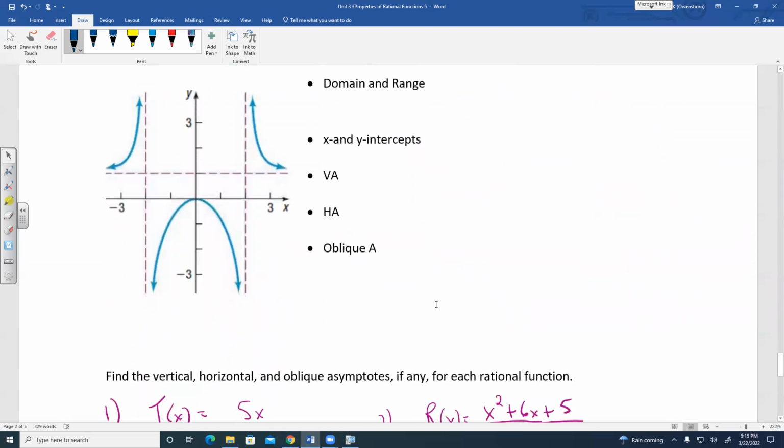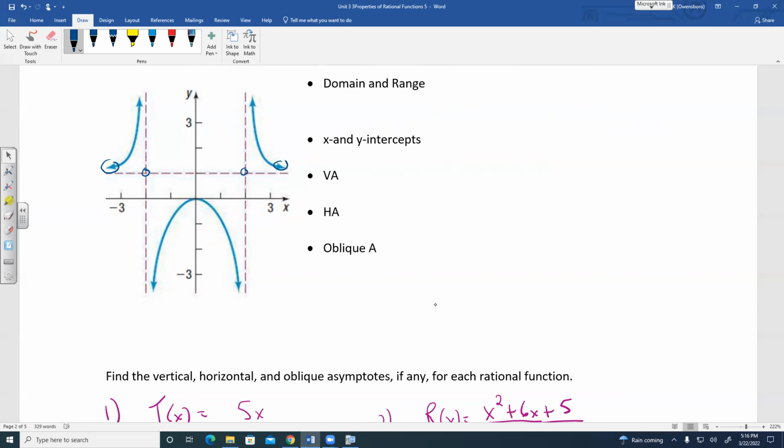So let's look at another one. So this is fairly busy as well. Starting with the domain, notice that on the left bound, we have an arrow, but notice how we have a vertical asymptote here, and we see another vertical asymptote here, and then we see this right arrow.